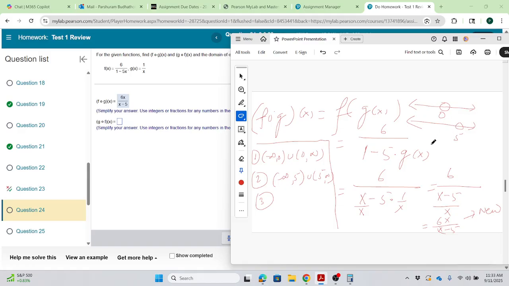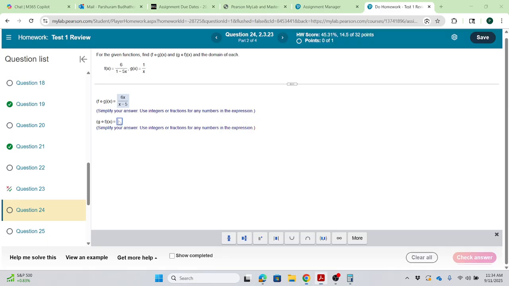So the common part between them is all real numbers except 0 and 5, and this is how you write it: negative infinity to 0, 0 to 5, and 5 to infinity.